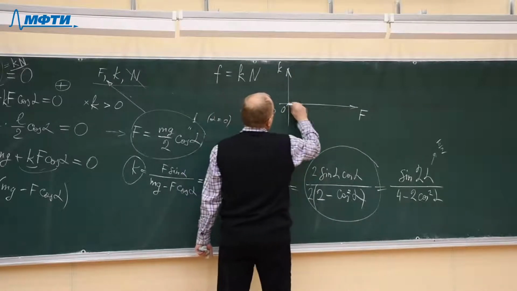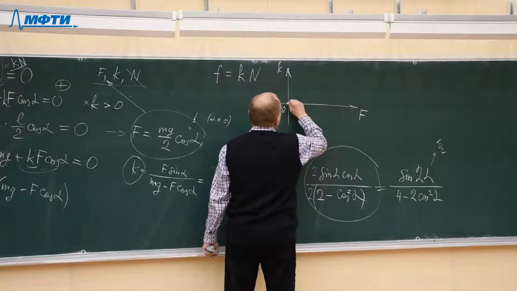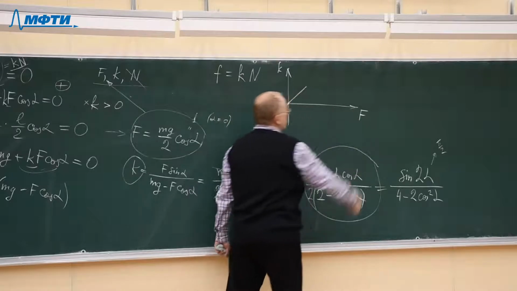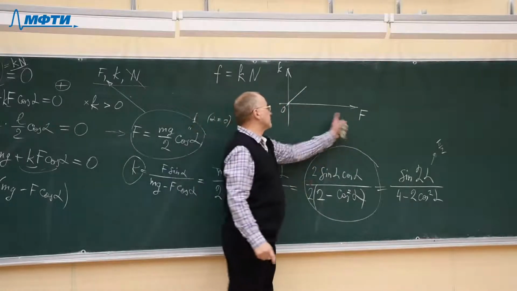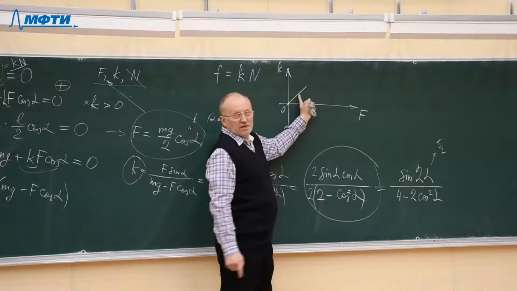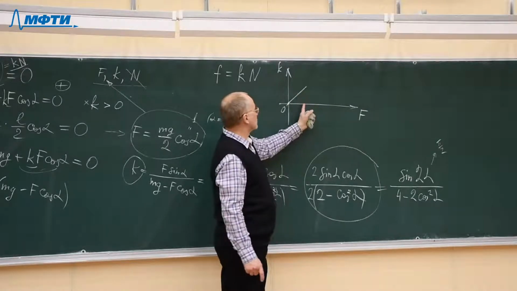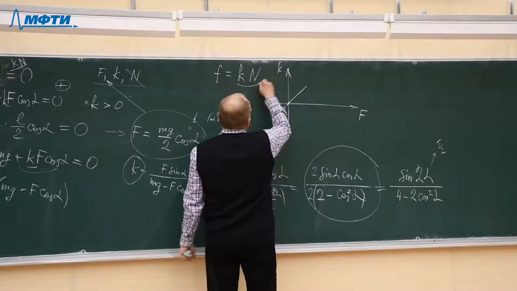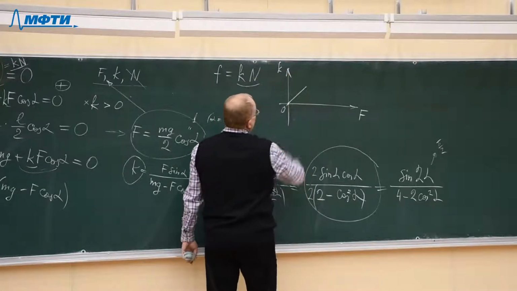And when the force applied grows, the coefficient of friction grows. And the force of friction balances the applied force. When the applied force is not very large, the force of friction is enough to balance it. They are always equal.